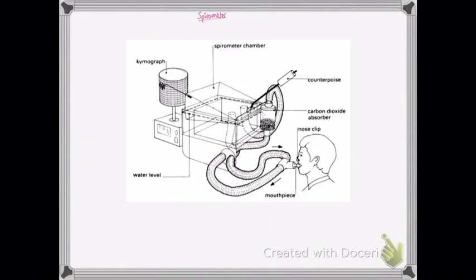Right, so now we're going to look at spirometers. As you can see, I've just inserted the picture of a spirometer onto the page, and spirometers basically measure the movement of air in and out of the lungs as a person breathes. First of all, we've got an oxygen filled chamber with a movable lid.